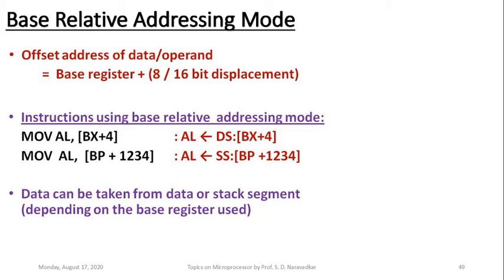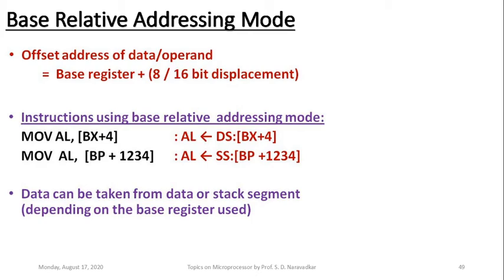It clearly means that in case of base relative addressing mode here, the data can be taken either from the data segment or from the stack segment, and it depends on the base register which is used. Okay, so this particular conclusion has been put up at the bottom here. The instruction examples are just above.